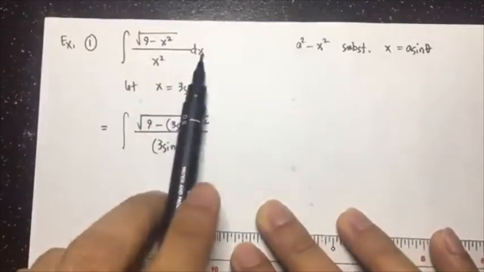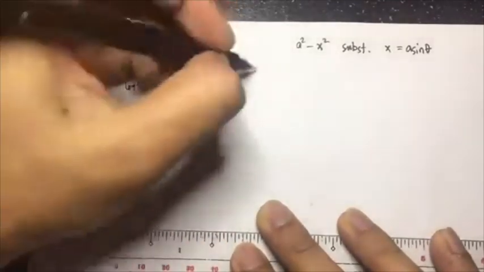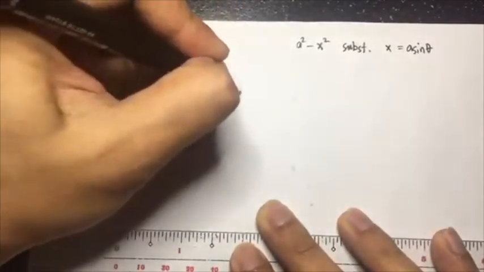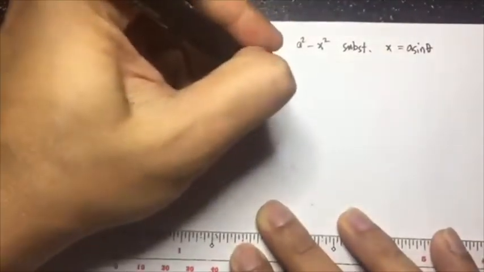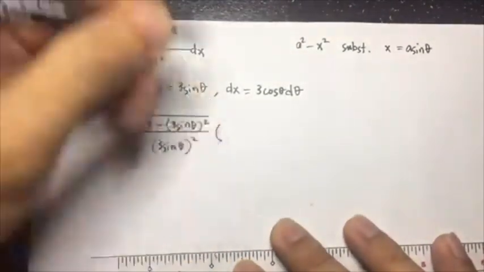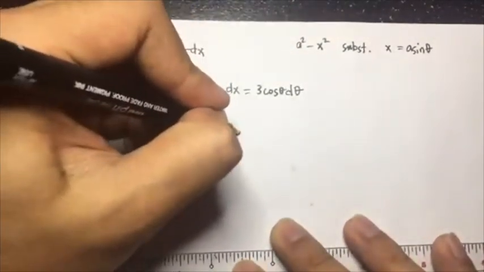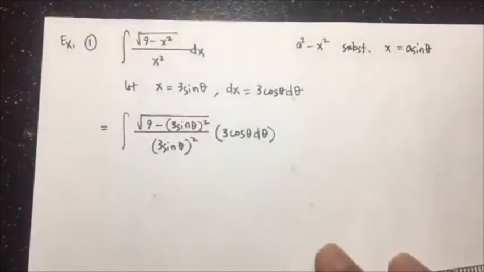Our dx, on the other hand, from x is equal to 3 sine theta, therefore our dx is equal to 3 cosine theta d theta, so times 3 cosine theta d theta.